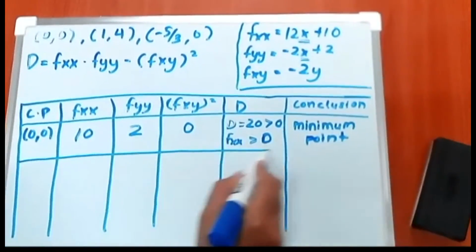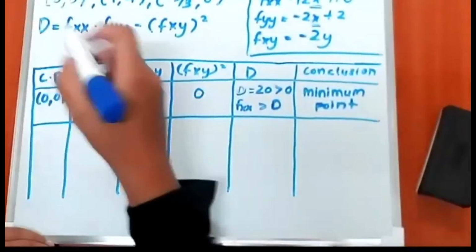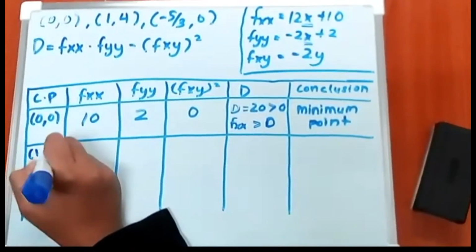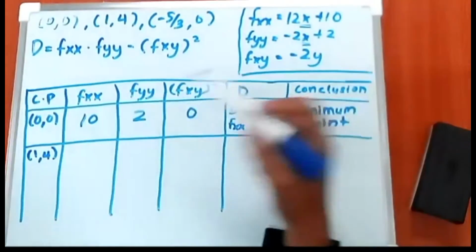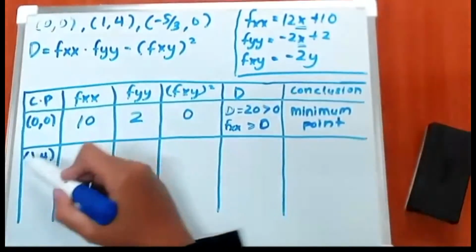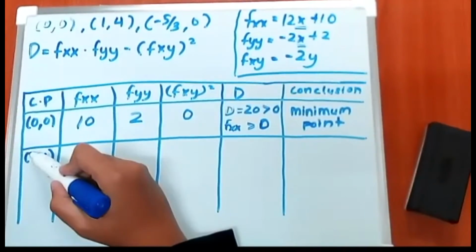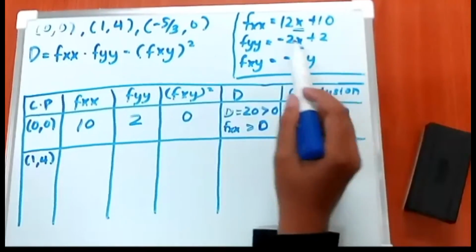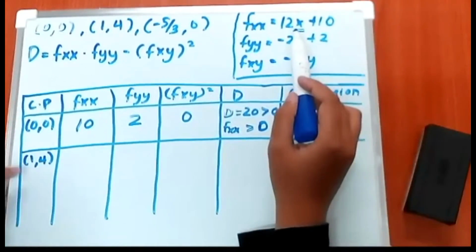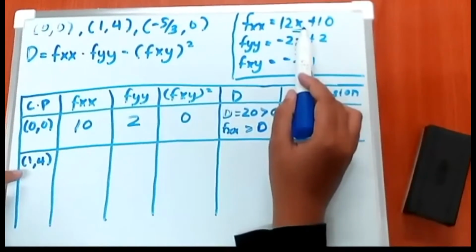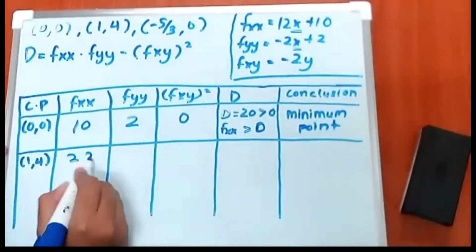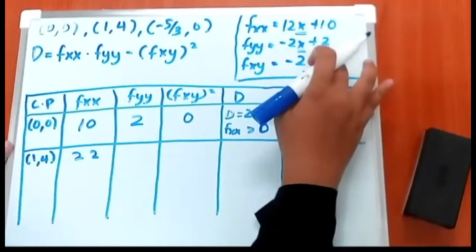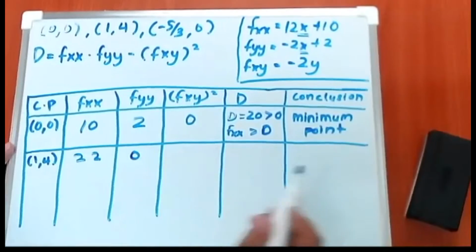Okay. Next, we continue with the other critical point, which is (1, 4). You just need to repeat the step: substitute this point into these equations. For fxx, you substitute 1 into x here, and it will give you 22. For fyy, you substitute 1 into -2x + 2 and it will get you 0.